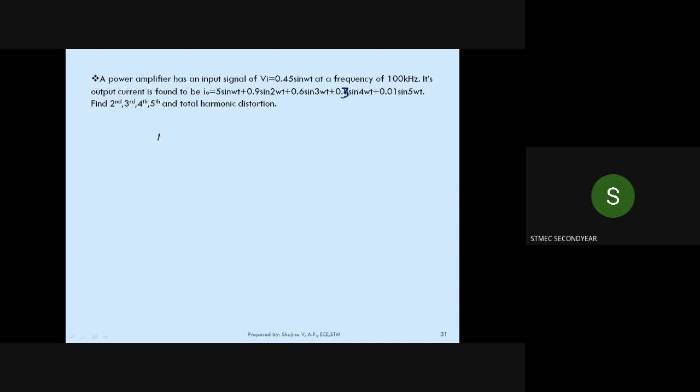So here our output current is 5 sin omega t plus 0.9 sin 2 omega t plus 0.6 sin 3 omega t plus 0.3 sin 4 omega t plus 0.01 sin 5 omega t, right?